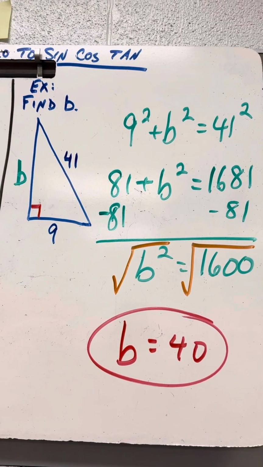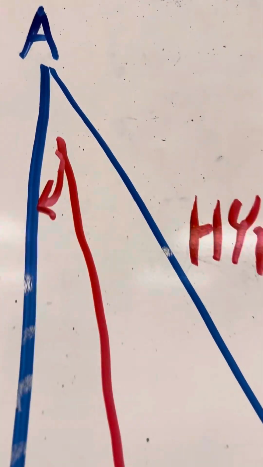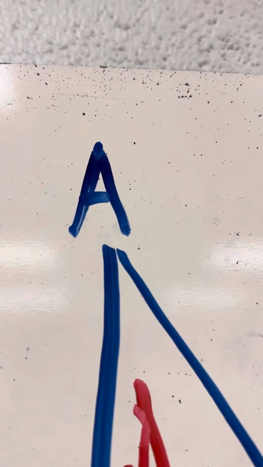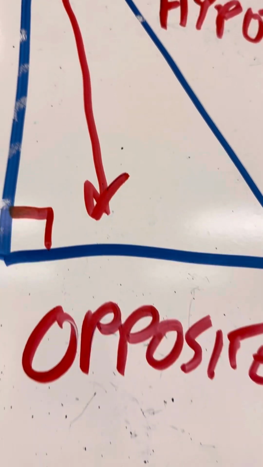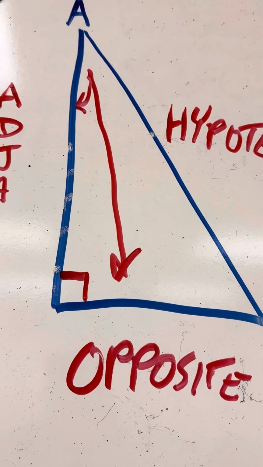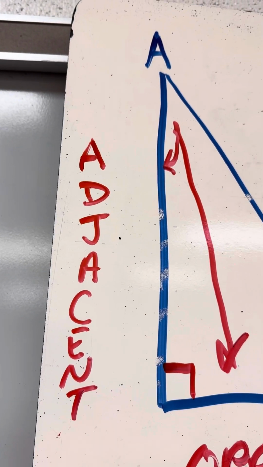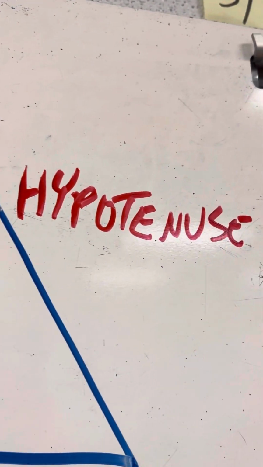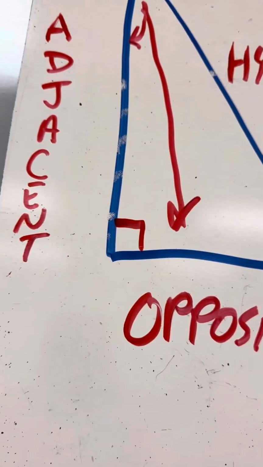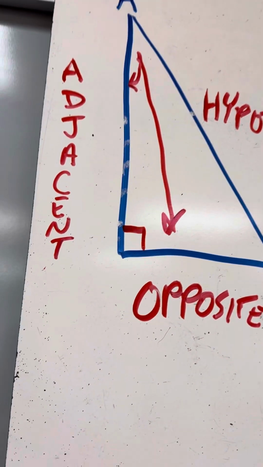Okay? So, in a right triangle, if I'm looking at angle A, this side is considered opposite angle A. This side is adjacent to angle A, and this, of course, is the hypotenuse. I always feel like the right angle points to the hypotenuse.